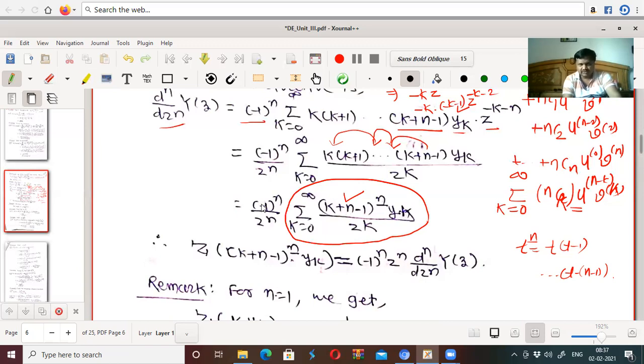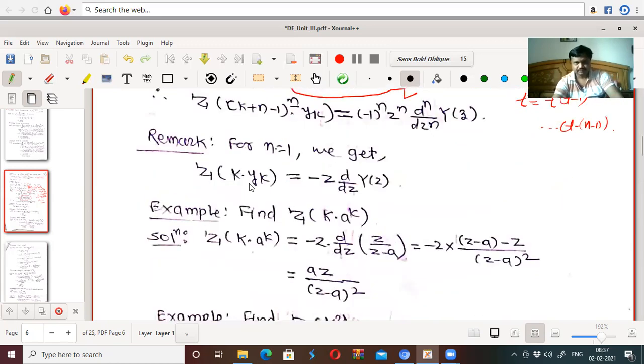The minus 1 goes to this side, so 1 upon minus 1 raised to n is minus 1 raised to n itself, and z raised to n goes to the other side as multiplication. So minus 1 raised to n, z raised to n, nth derivative of capital Y of z, you obtain.